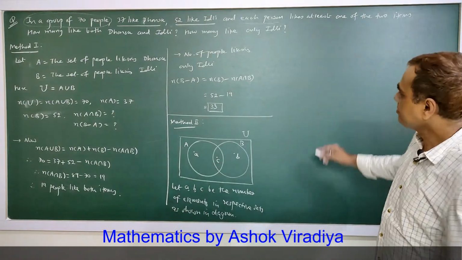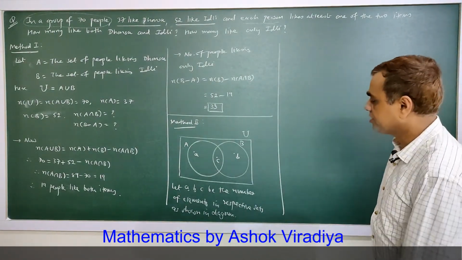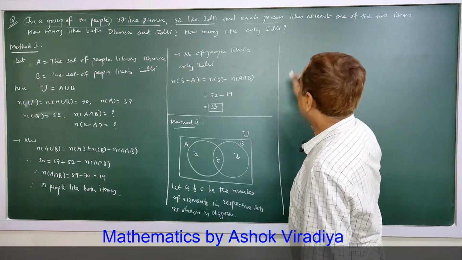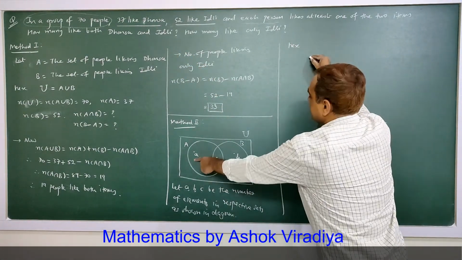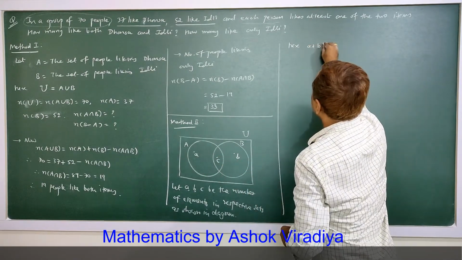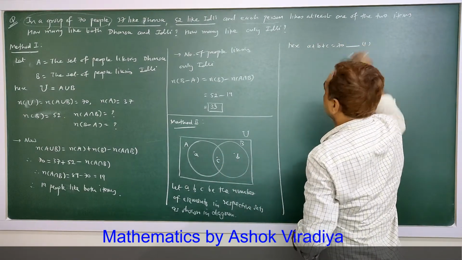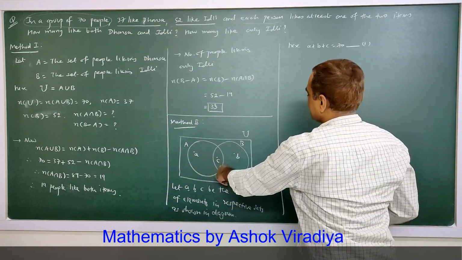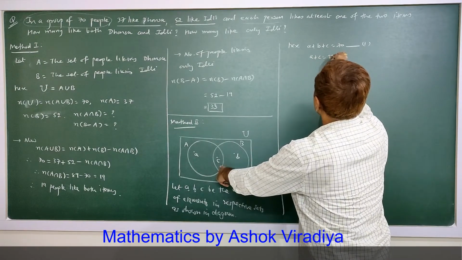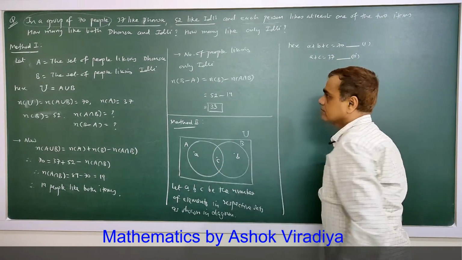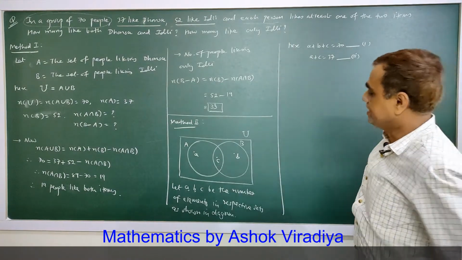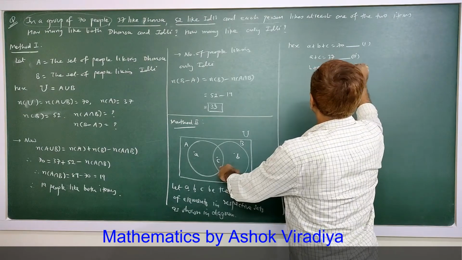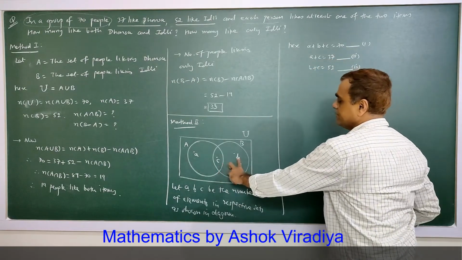Now from the given information, the group contains 70 people, so A plus B plus C is 70. This is equation 1. 37 like dosa, so A plus C is 37. 52 like idli, so B plus C is 52.